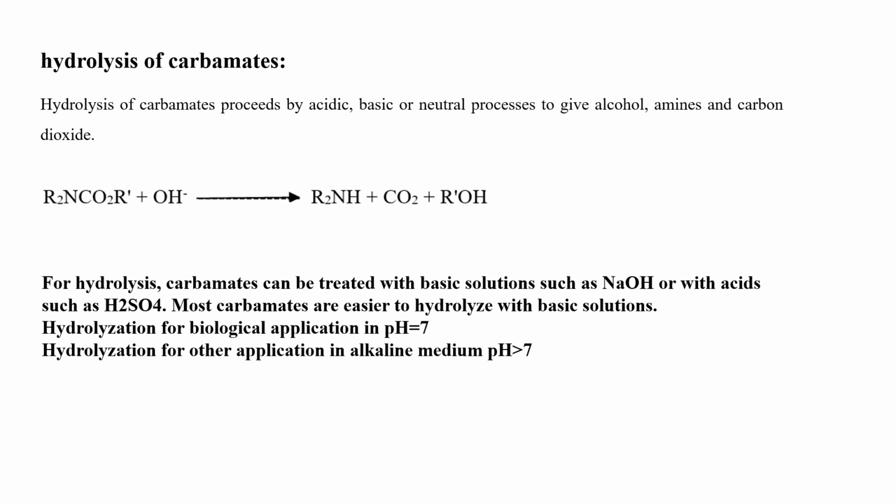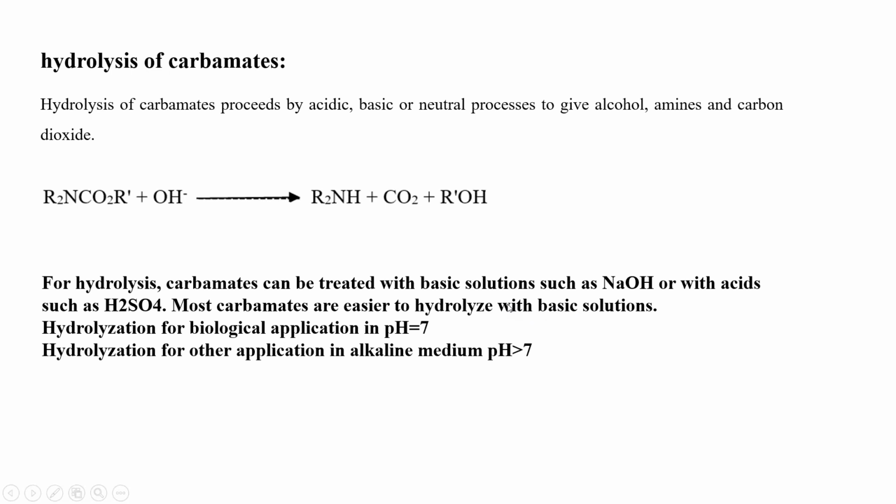For example, for biological applications, pH 7, and for other applications, pH more than 7 is preferred for hydrolysis. And I should state that most carbamates are hydrolyzed in basic solution because it's easier than in acidic solution.